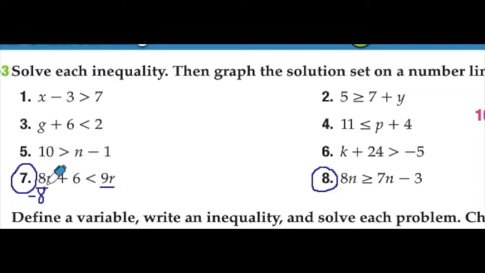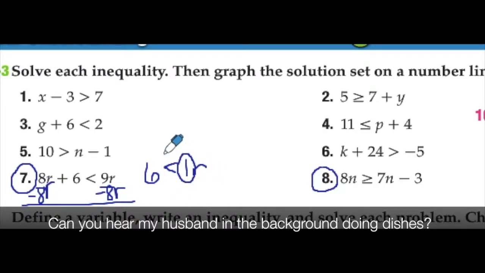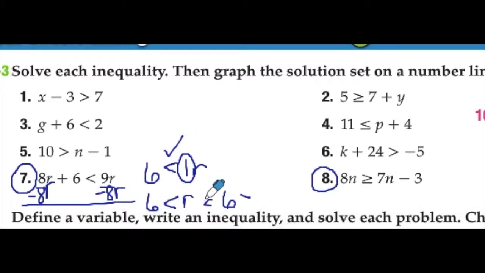So if I take away 8r from both sides, what I'm left with is 6 is less than 1r. And again, that coefficient of r is a positive number, which is what I want. It's not wrong to have a negative coefficient, but if you do, you have to worry about flipping the inequality sign. So 6 is less than r is the same thing as r is greater than 6.